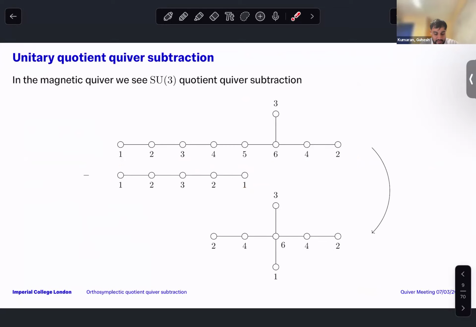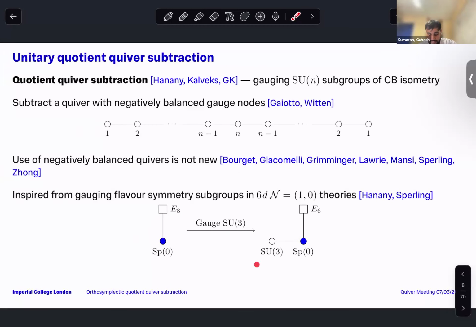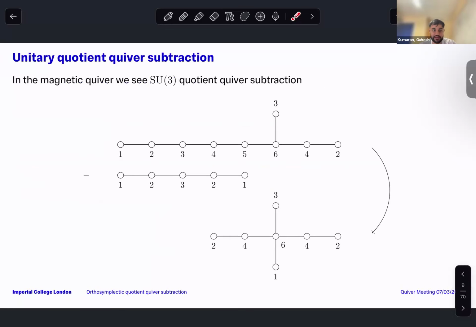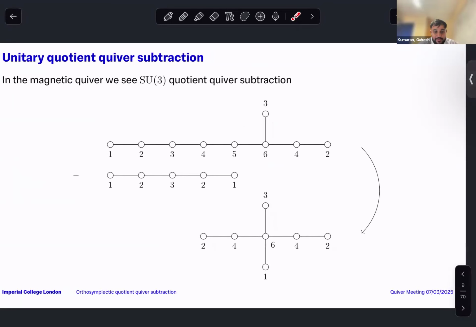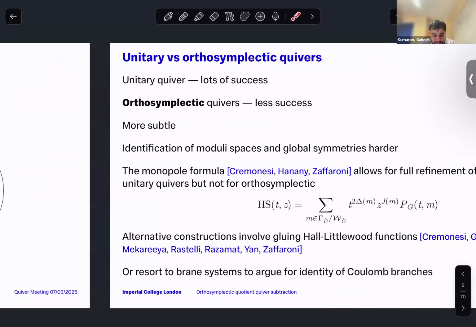So you can see how I just subtract the ranks place-wise like this, resulting in this quiver here, which is the Higgs branch of my 6-dimensional theory, which is SU(3) times Sp(0). Okay. So that's where quotient quiver subtraction came from. And we'll revisit this again in a bit more detail. So apologies if that was maybe a bit fast.